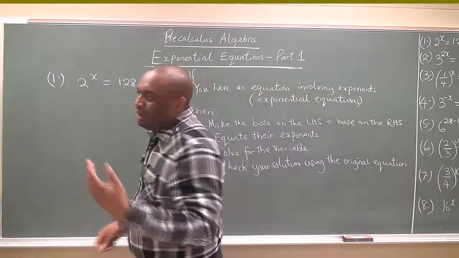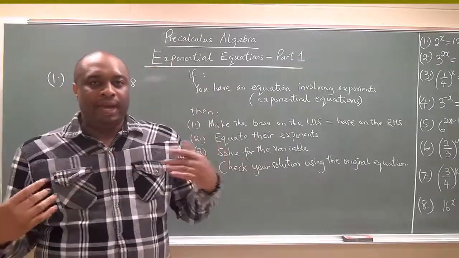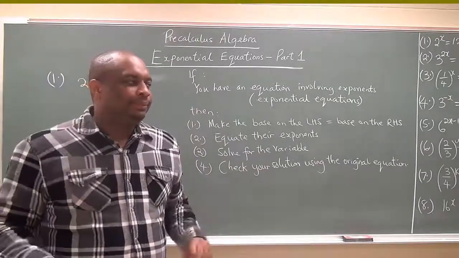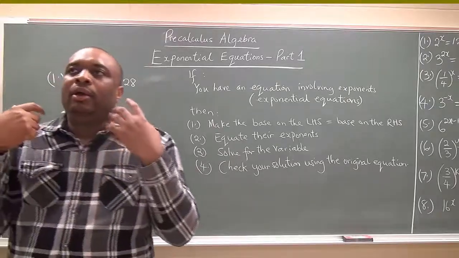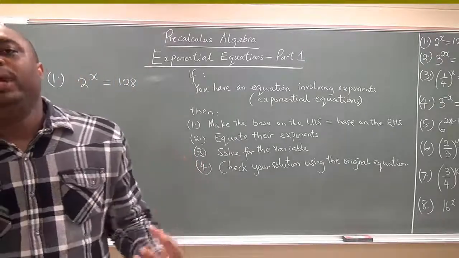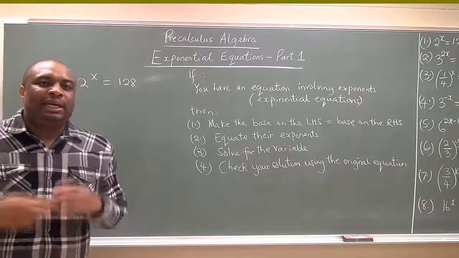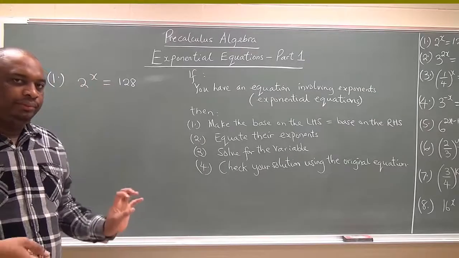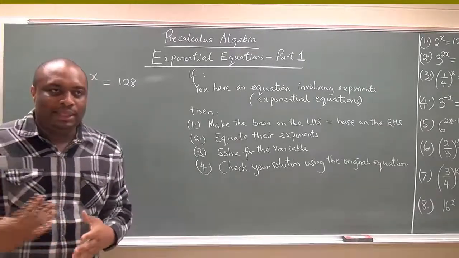Now, some students, when they want to check their work, they check it from the modified equation. We don't do that. No, do not do that, please. Whenever you check your work, in any problem involving equations, it is very important that you check it with the original equation to see whether your left-hand side will be equal to your right-hand side.